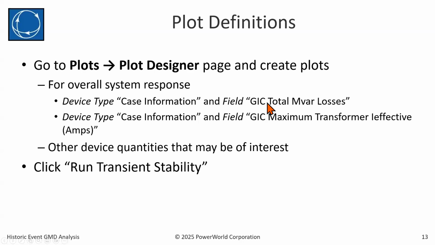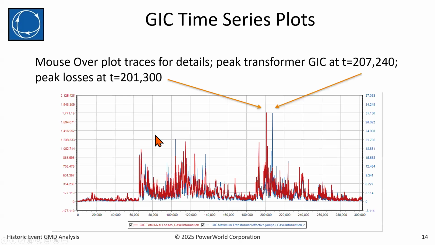But in this example, I'm going to take a look at system-wide reactive power losses and also the highest geomagnetic effective current that occurs in any transformer. That's a field for the case information object, which in transient stability refers to the entire case. So if you had other things that were of interest, like a particular transformer that you're concerned about, you could run traces for that in the plotting tool in transient stability and then take a look at the results at the end.